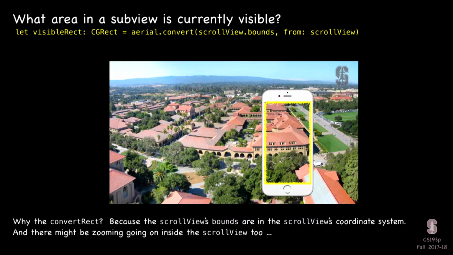Those all work in UIScrollView. So if you say convert from the ScrollView to this aerial view, you will get the bounds of the ScrollView in that view's coordinate system. So that's how you can find out that rect in the aerial view's coordinate system, okay? Just normal convert, nothing special there.